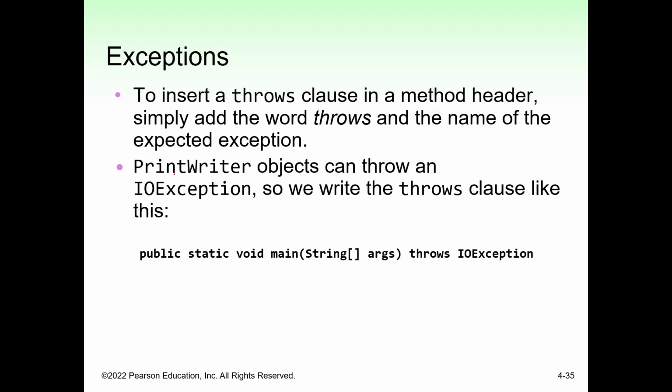For example, PrintWriter will throw an IOException, which stands for input output exception. It's going to let you know, for example, if you didn't close the file or if you didn't open it the right way.